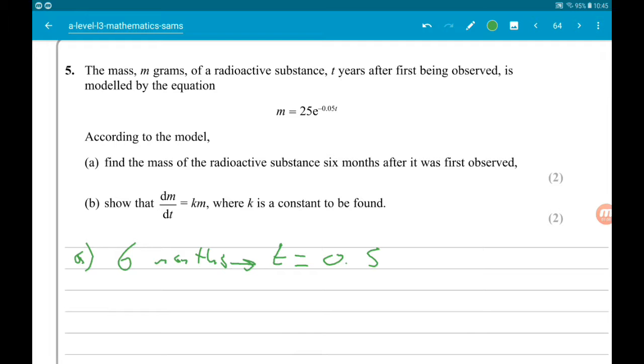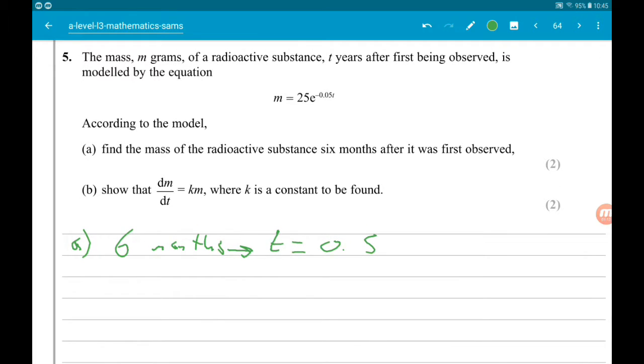So we just whack that in, so we get m is equal to 25 e to the minus 0.05 times 0.5. And that to one decimal place gives us 24.4 grams.